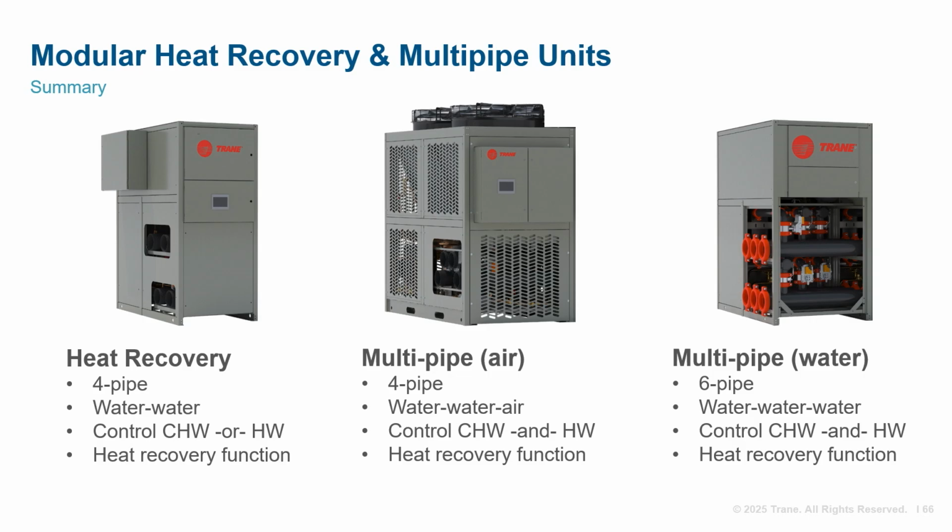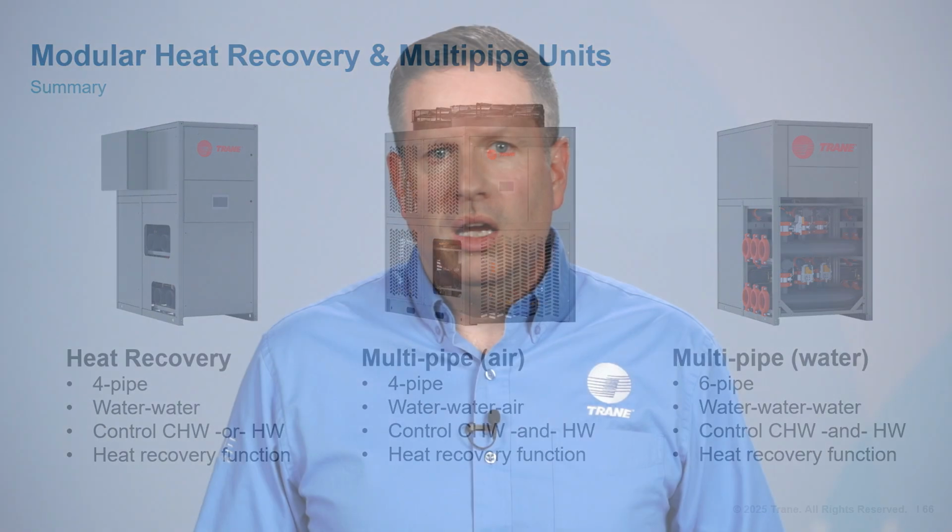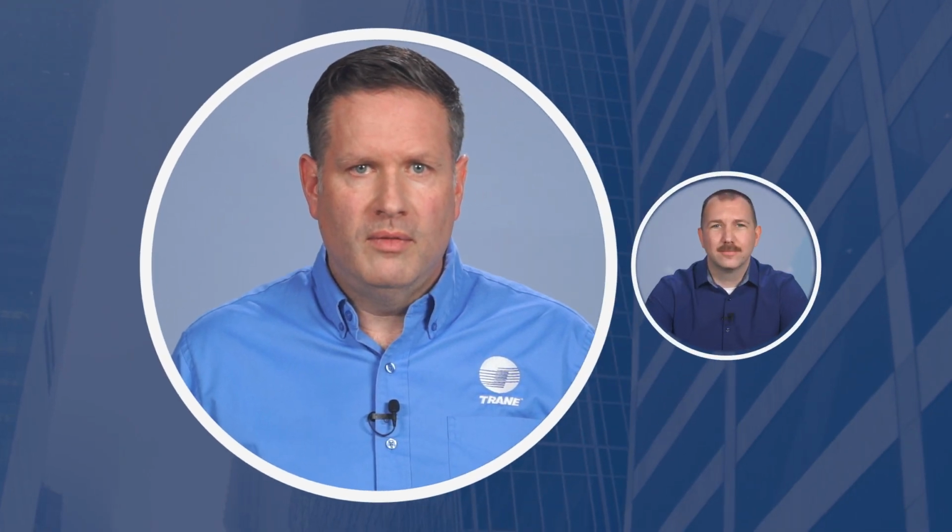Multi-pipe units simplify system design by reducing external changeover valves and control devices. Packaged heat pumps can provide the same heating, cooling, and heat recovery function with a lower equipment cost. Engineers must consider the trade-offs between equipment cost and system design complexity.